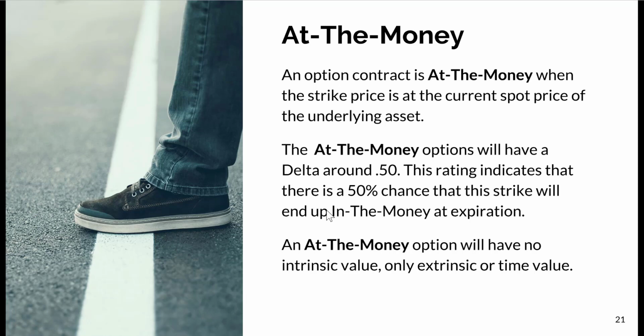This rating indicates that there is basically a 50% chance that the strike will end up in the money. We're not going too deep into the Greeks in this, but delta is a representation of, for each 1 point that the underlying asset moves, the value of the option will increase by about half a point. An at the money option will have no intrinsic value, only extrinsic value.